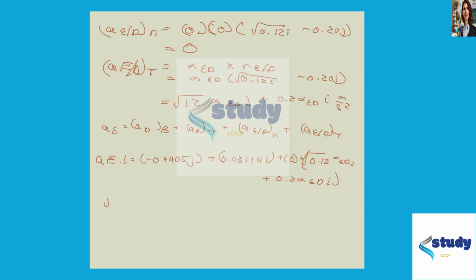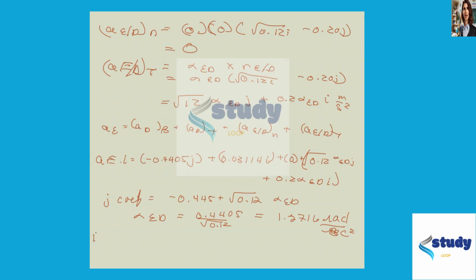And then for our J coefficients, we're going to get 0, negative 0.4. And this will, my alpha ED, 0.4405 divided by the square root of 0.12 equals 1.2716 per second squared.